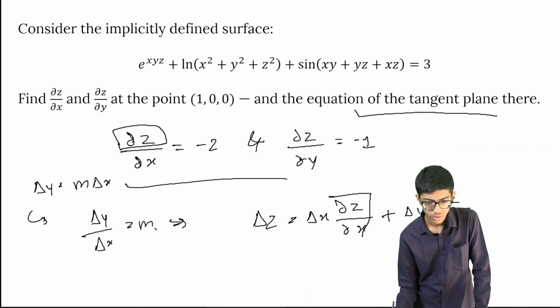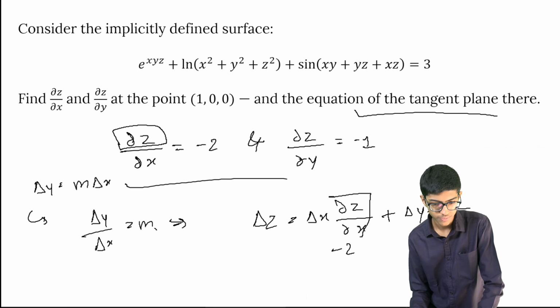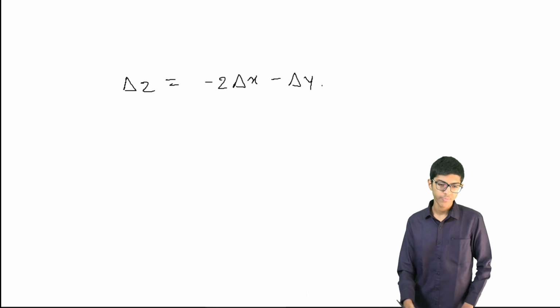Now we can substitute these values as minus 2 and minus 1, and that gives us delta z equals minus 2 delta x minus delta y.